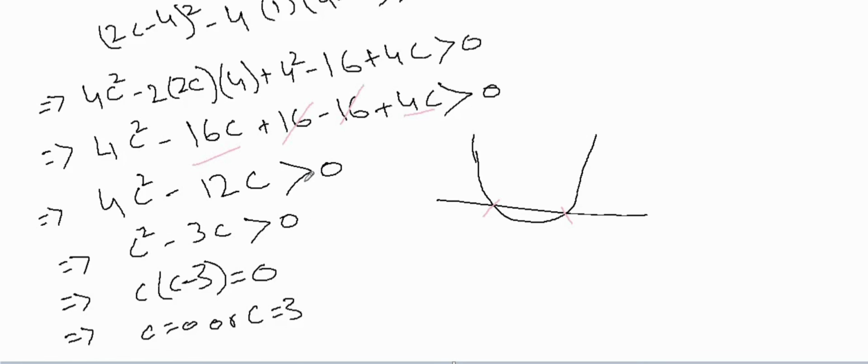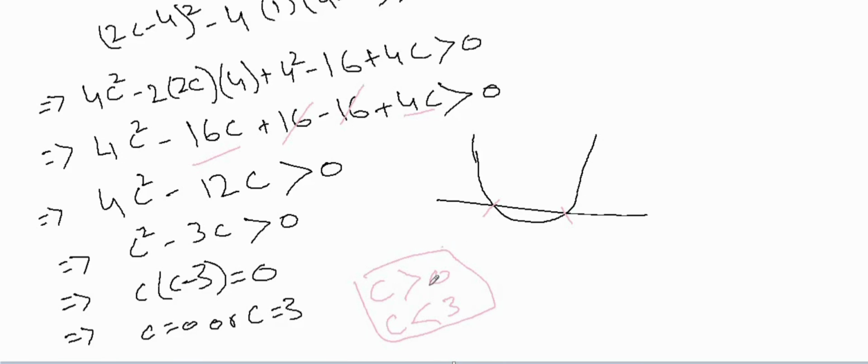So in order to have this greater than sign, now this is the key point over here. We cannot write it like this, that c is greater than 0 and less than 3. Okay, most of the students make this mistake. They mention c is greater than 0 and c is less than 3. This is wrong.